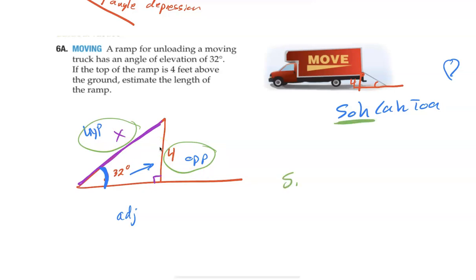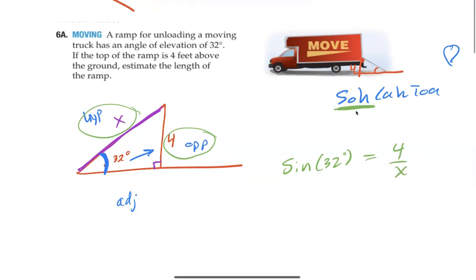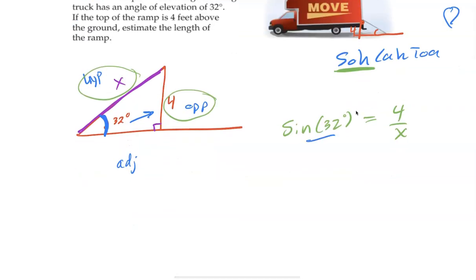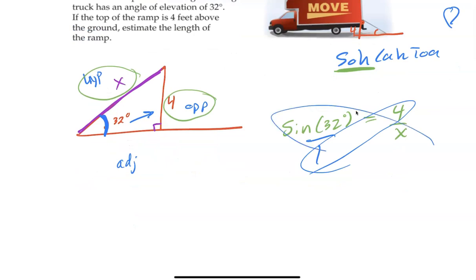So we're going to do sine of my angle, 32, equals, O goes on top, so 4 over x. Then we're going to cross multiply, so put this over 1. x sine of 32 equals 4. Now I've got to solve for x.